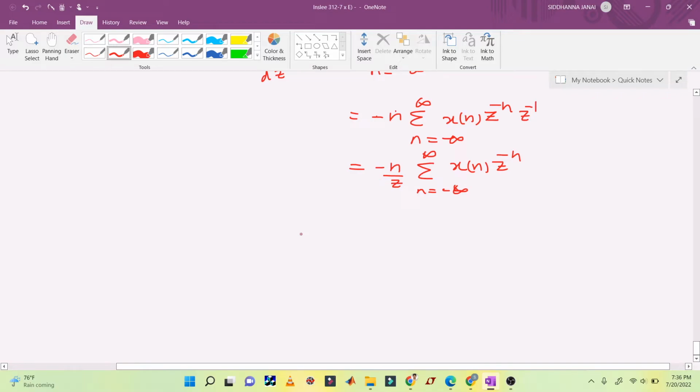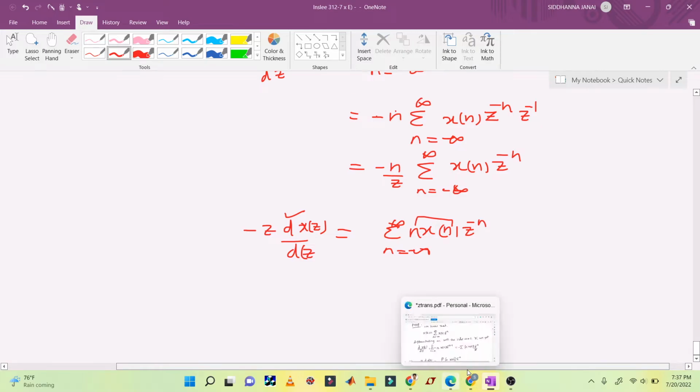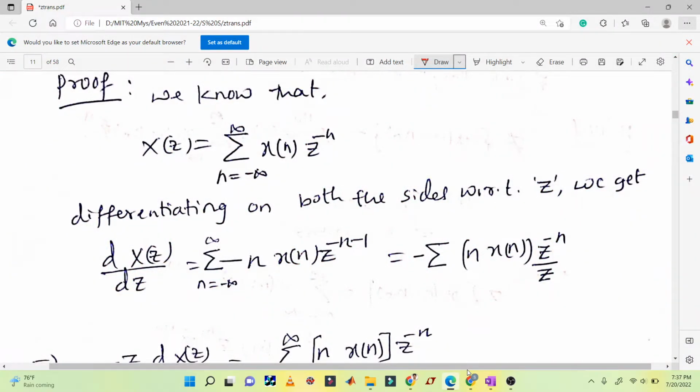Z and minus sign, if we take on the other side, it will become minus z d of X of z by dz equal to summation n is equal to minus infinity to plus infinity x of n z power minus n. That is multiplication of n. So multiplying x of n with factor n will lead us to this result. Okay, and that proves our property.